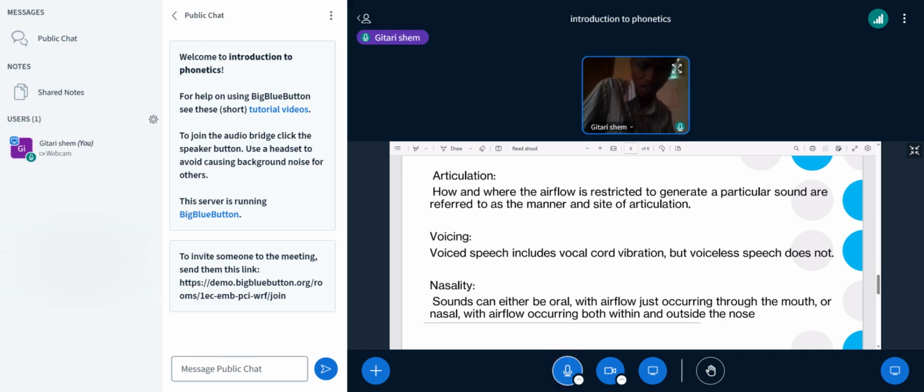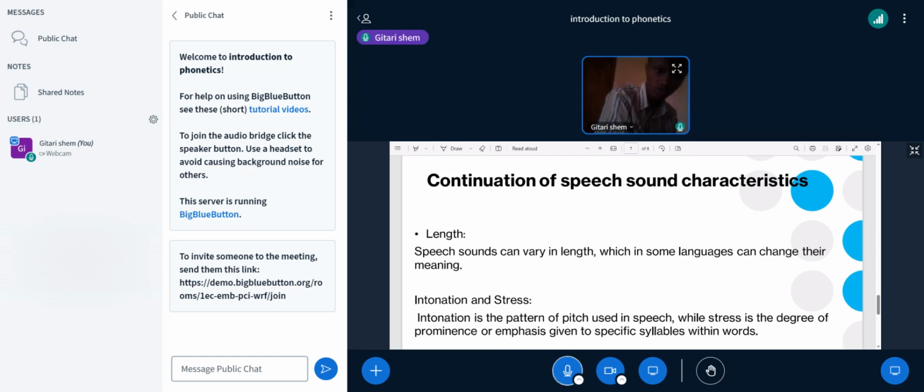This is where the airflow occurs both within and outside the nose. So for the sound to occur, the airflow happens inside the nose or even outside. That is nasality.